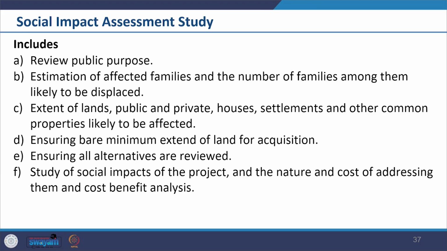Further, it also looks into whether acquisition at an alternative place has been considered or not. If you remember what the World Bank had guided, one has to really avoid resettlement, displacement has to be avoided. So this also looks into the social impact, and whether they have considered alternatives or not.